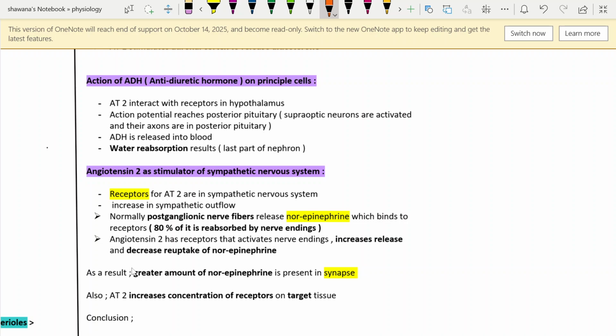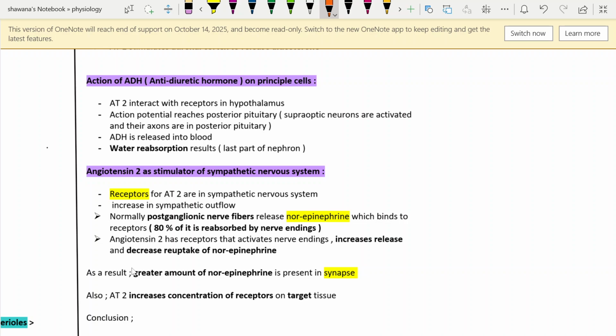Normally what happens is that when the postganglionic nerve fibers release the norepinephrine, 80% of the norepinephrine is reabsorbed by the nerve endings itself. It means that under normal circumstances, not 100% of norepinephrine is released. About 80% is captured again.